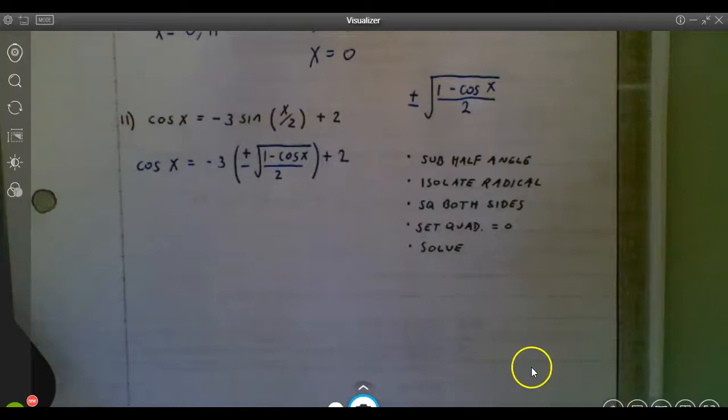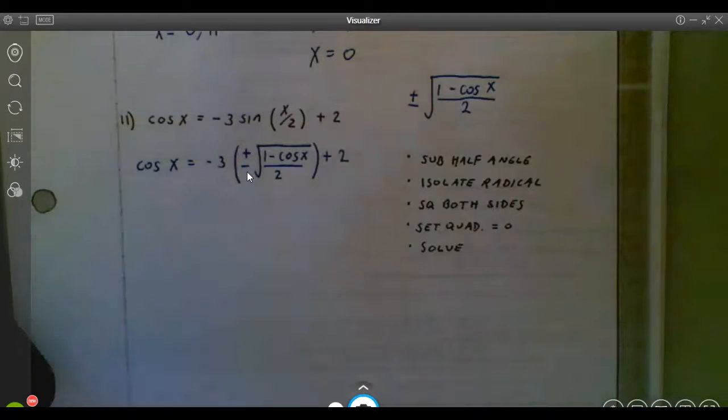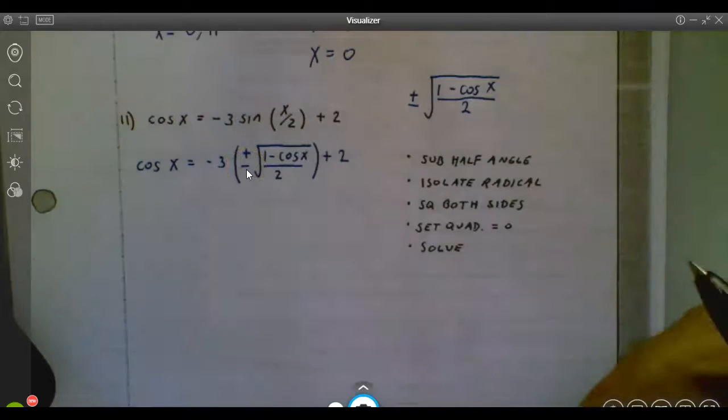So one of the things I wanted to look at on this one with you is recognize what's going to happen to this. Sometimes we really have to make a decision on whether this answer is supposed to be positive or negative. In this case, when I isolate this radical, at some point, I'm going to have to square both sides. Well, when I square both sides, obviously this would turn positive. So really beyond this point, I don't need the plus or minus.